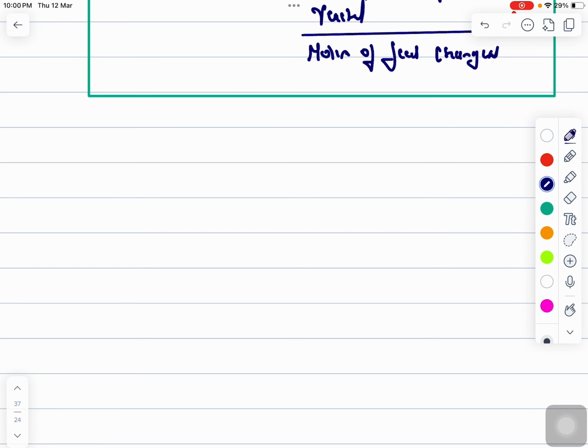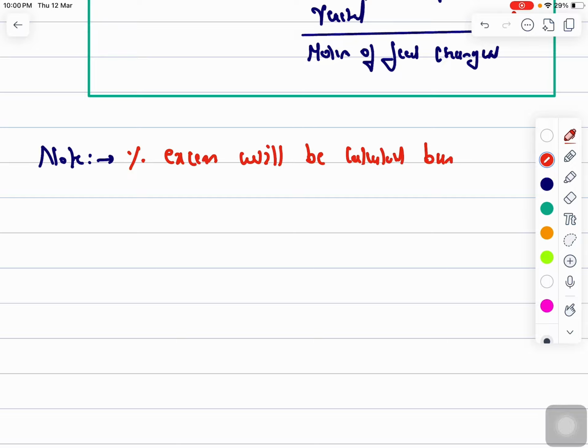Okay, so let's try to calculate, and I'll write in the note percentage conversion.